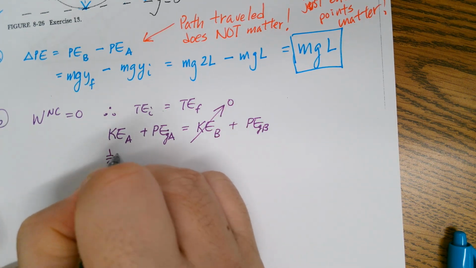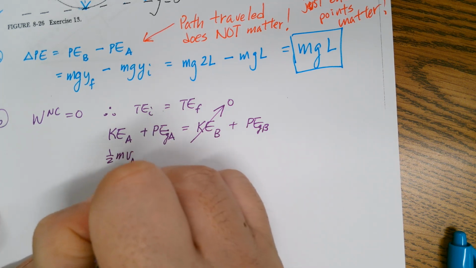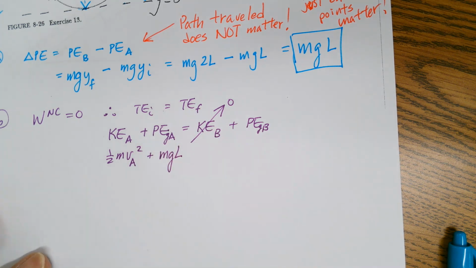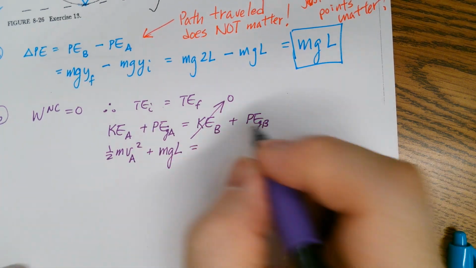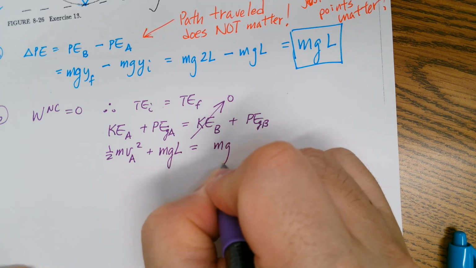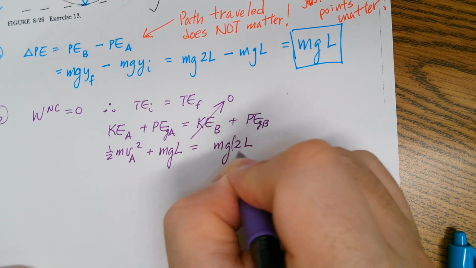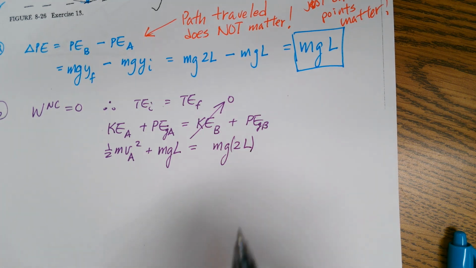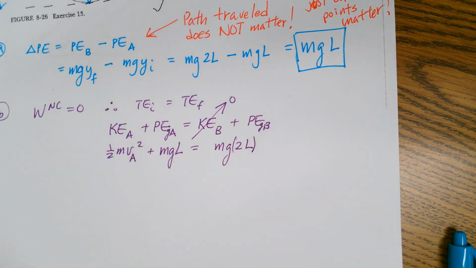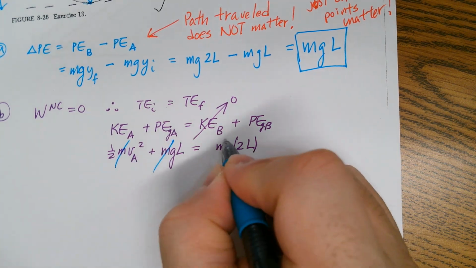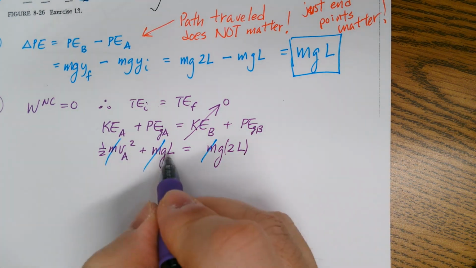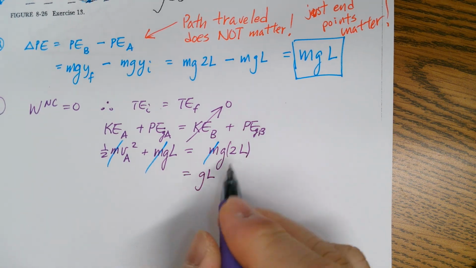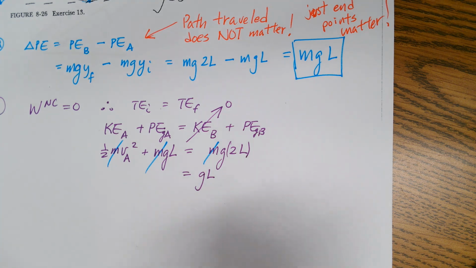Here, I have 1/2 m vA squared plus mgl is equal to mg2l, the potential energy at point B. So, we know the masses can all cancel out nicely. If I bring this to the other side, I get just gl, because 2gl minus gl is just gl.